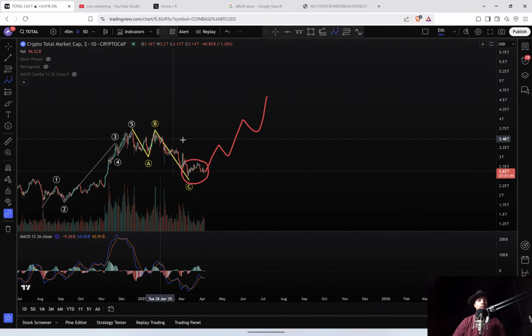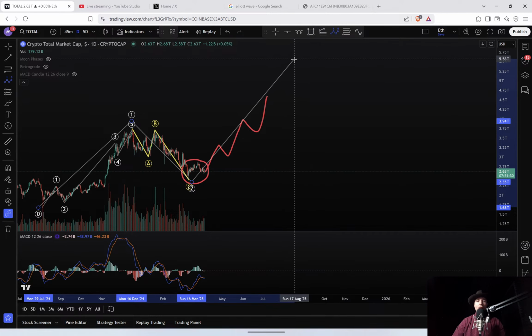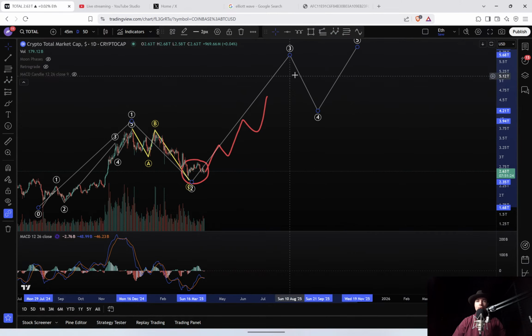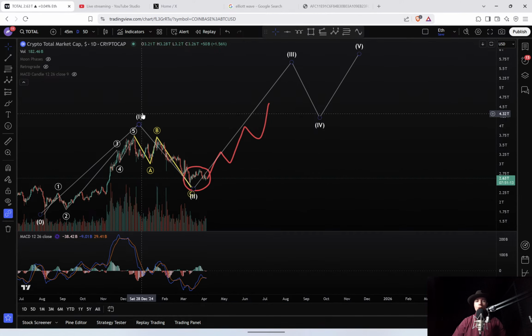So what you can see here with the total crypto market cap, we do have 5 waves up and an ABC correction down. And now what we're looking for here is wave 1, wave 2, and because Elliott wave repeats itself over and over again, we're looking for that wave 3 coming as a result of completing the subwaves of wave 1. So our macro Elliott wave count right here is 1, 2.